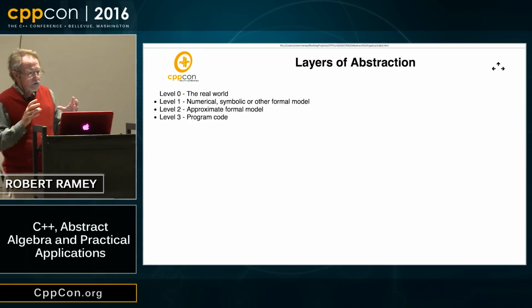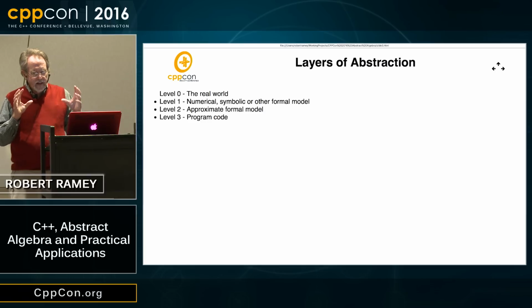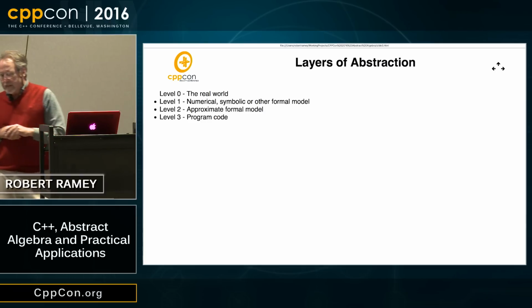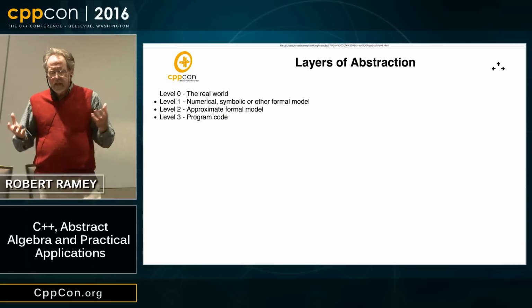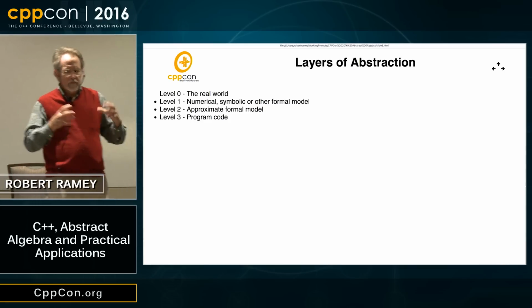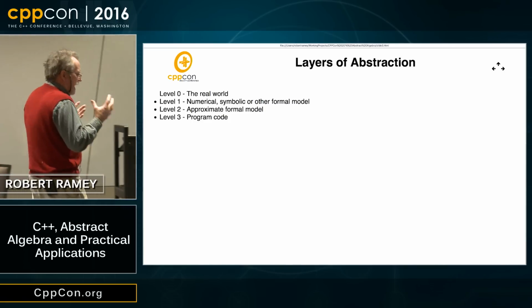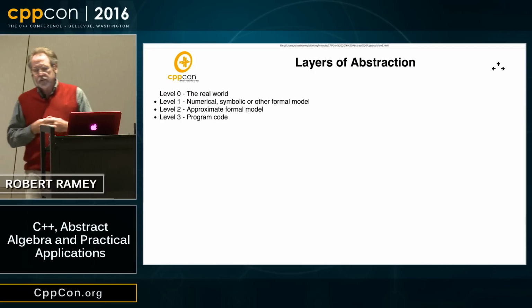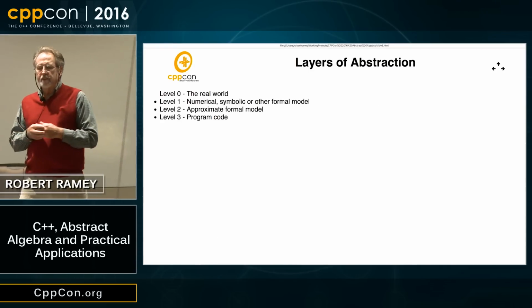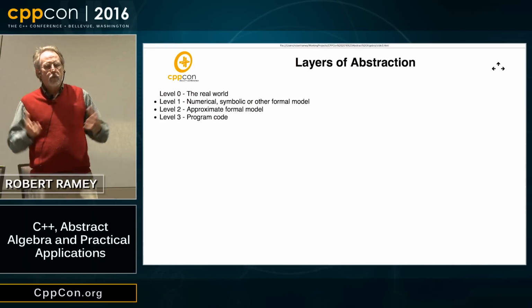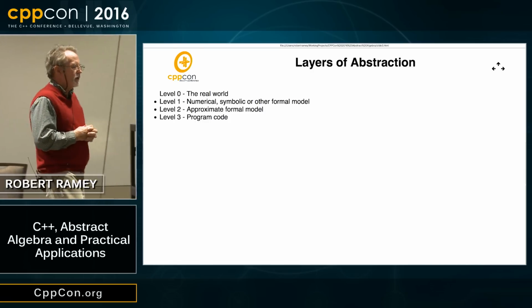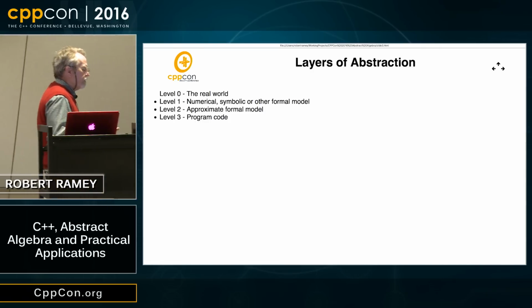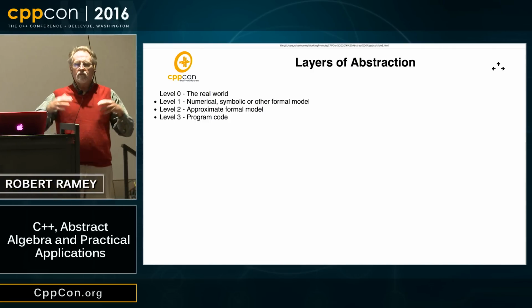So at this level, if we want to get a correct program, we're going to have to generate an approximation to our formal model which actually reflects that formal model. And I'm going to argue that it has to be able to detect when our formal model breaks down. If we want our program to be really correct, it has to detect overflows.